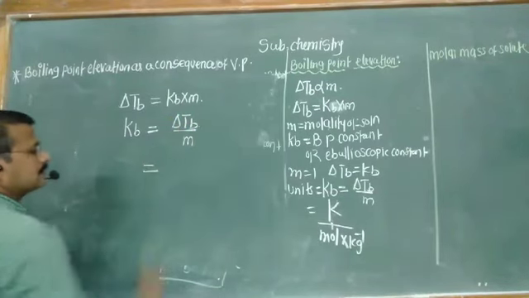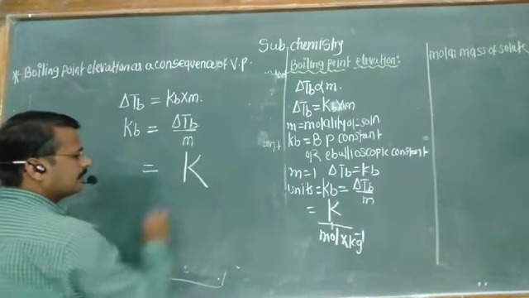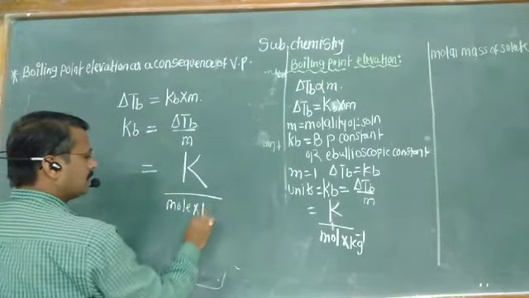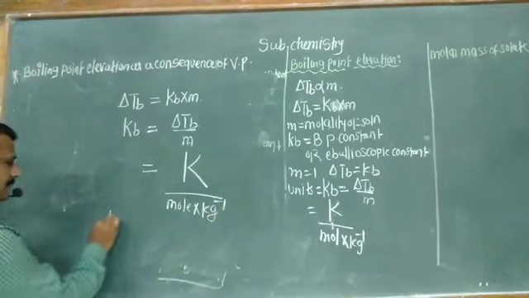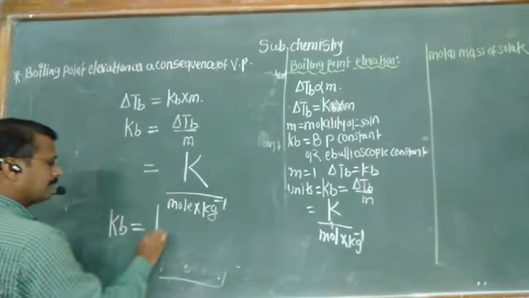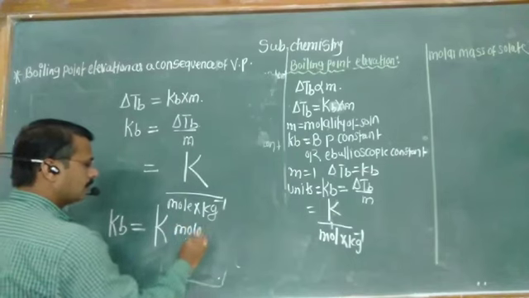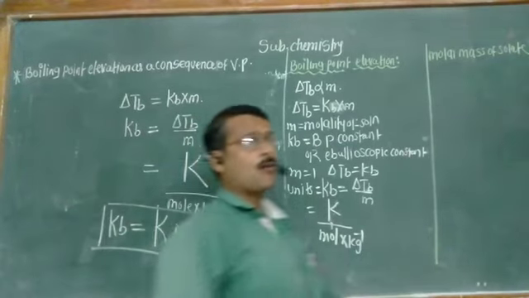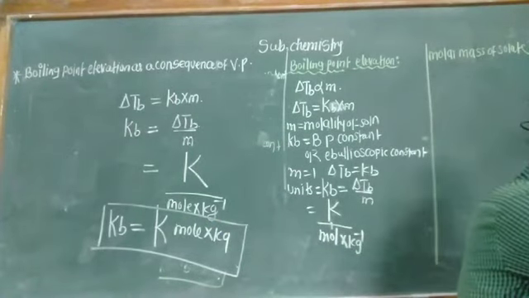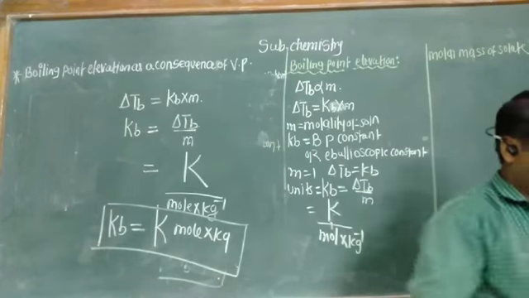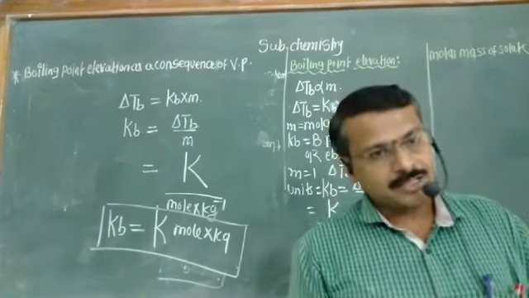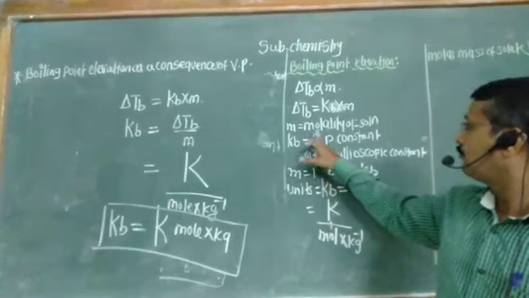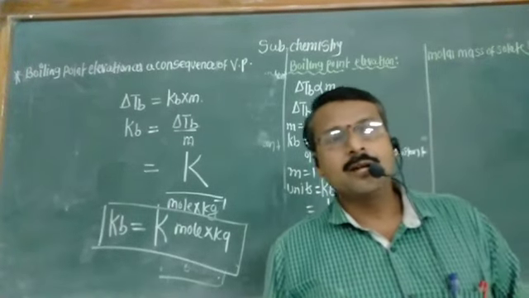Putting delta TB in Kelvin and molality in mole per kilogram, by simplification the unit is Kelvin kg per mole. This is the unit of the ebullioscopic constant. One thing to remember: molarity is a temperature dependent quantity, and molality is a temperature independent quantity.